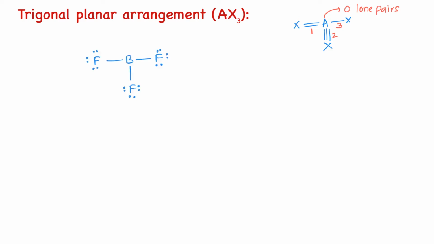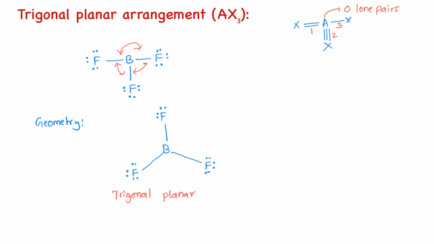An example of such a molecule is BF3. These electron pairs push each other as far apart as possible in the three-dimensional space, giving the molecule a trigonal planar geometry. The bond angle is 120 degrees.